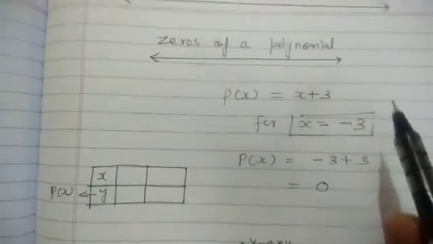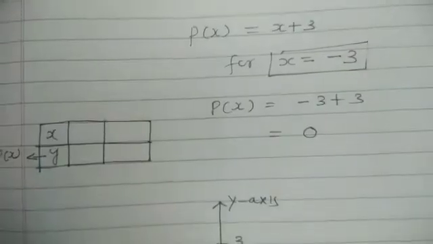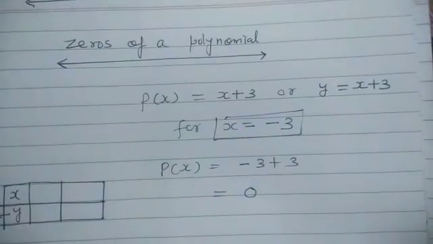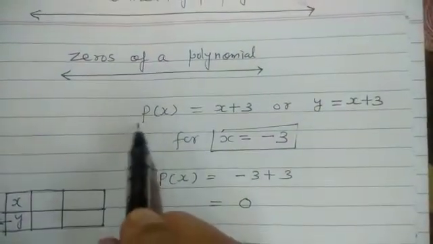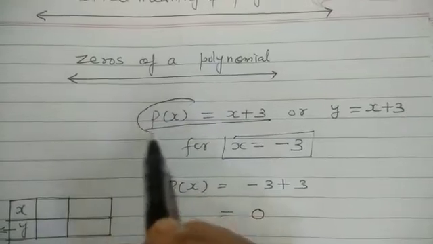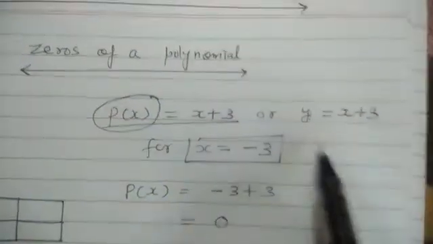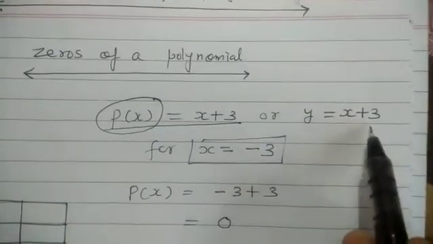Now to understand the geometrical meaning of a polynomial, first of all we will try to draw the graph for p(x) equal to x plus 3. Here p(x) will play the role of y. So if you take p(x) as y, then it will become y equal to x plus 3.